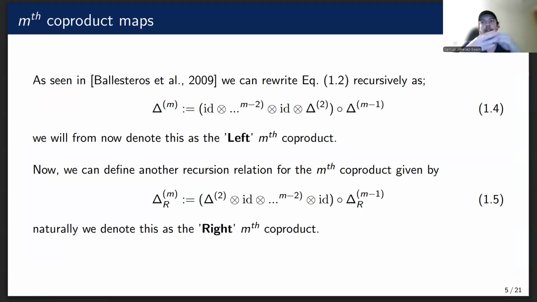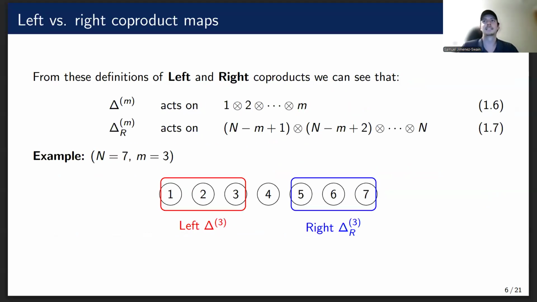You can do it from the left or from the right, denoted the left mth coproduct and the right mth coproduct. More specifically, the left mth coproduct acts on the first m sites in the n body system, and the right mth coproduct acts on the last m sites in the n body system.